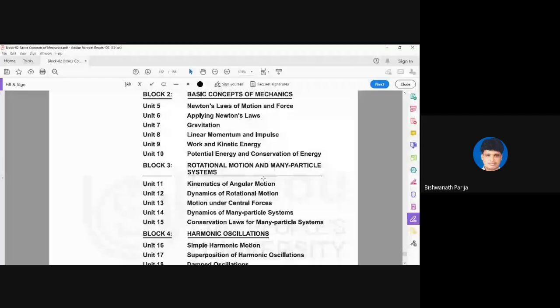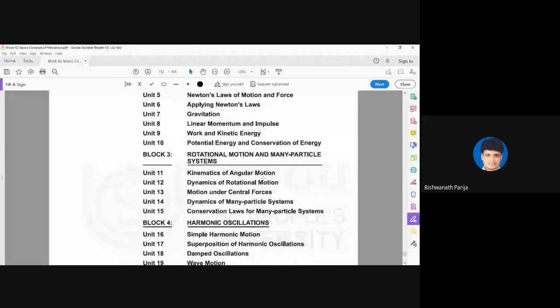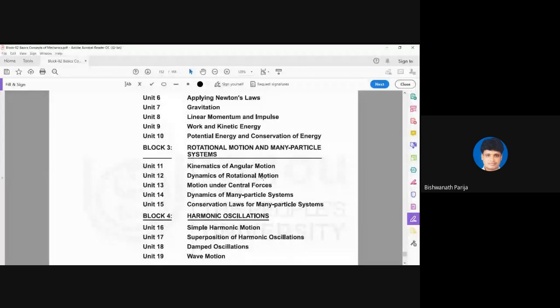Then rotational motion and many particle systems will start tomorrow. Next week you will continue the rest of the parts, and everyone should go through rotational motion and many particle systems. Unit 11 covers kinematics of angular motion: just like velocity v, here you take omega, angular velocity, angular displacement, angular acceleration.